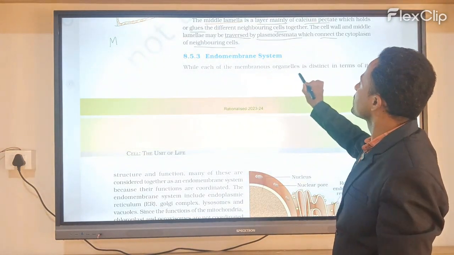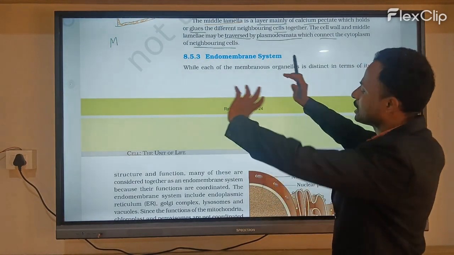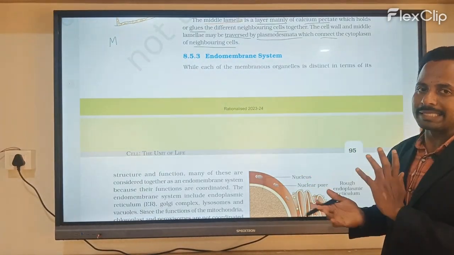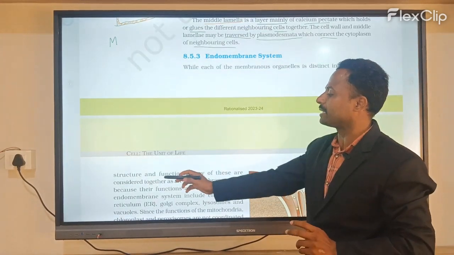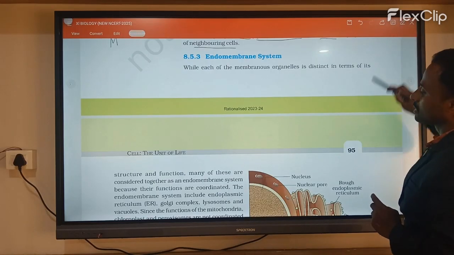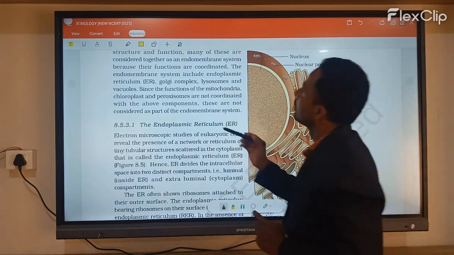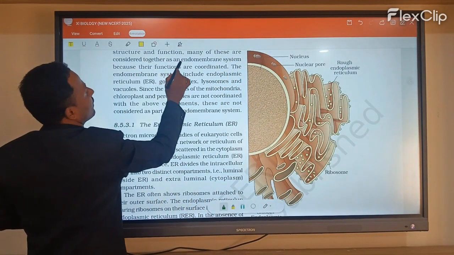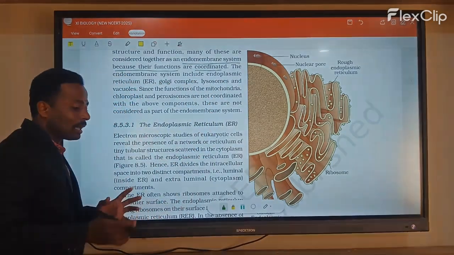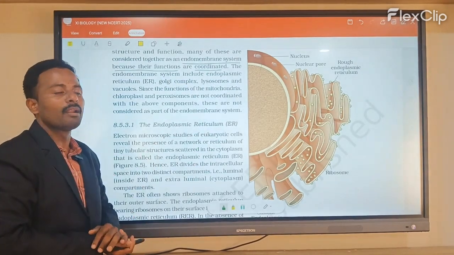While each of the membranous organelles is distinct in terms of its structure and function, many of these are considered together as an endomembrane system because their functions are coordinated. So a number of cell organelles perform one common function.